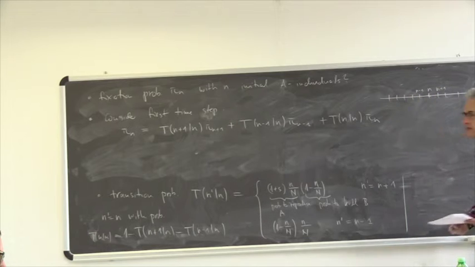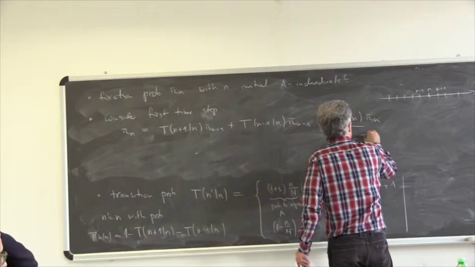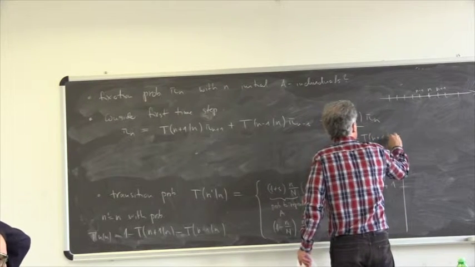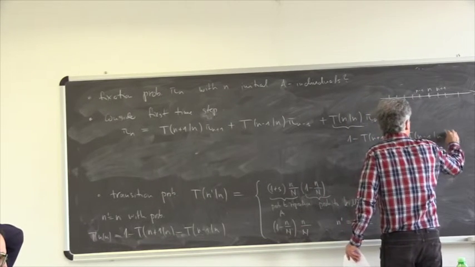Right? So this recursion relation has to be satisfied. And this thing, as I said, is 1 minus T of n plus 1 n minus T of n minus 1 n. Okay?